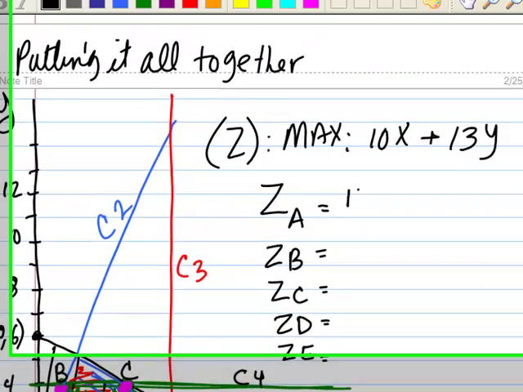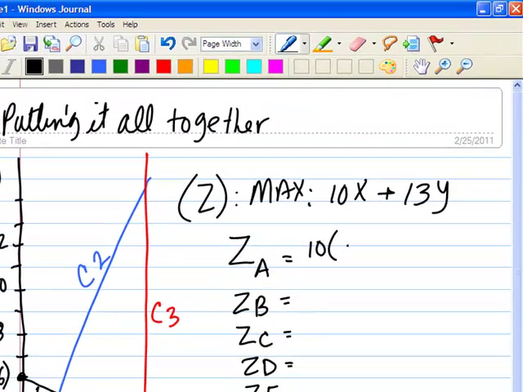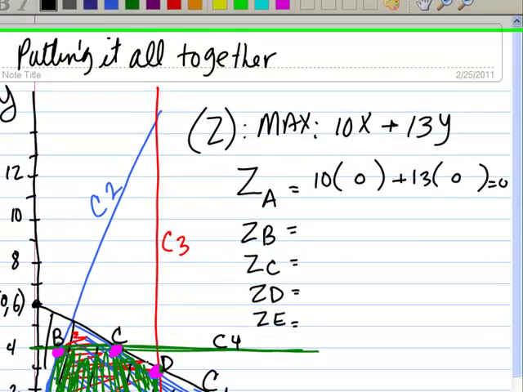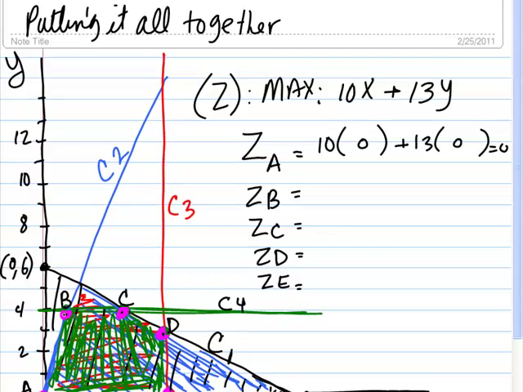So 10 times x plus 13 times y. Now at point A we have (0, 0), so we know that's going to be 0. At point B, point C, and point D we have to solve for the exact coordinates.